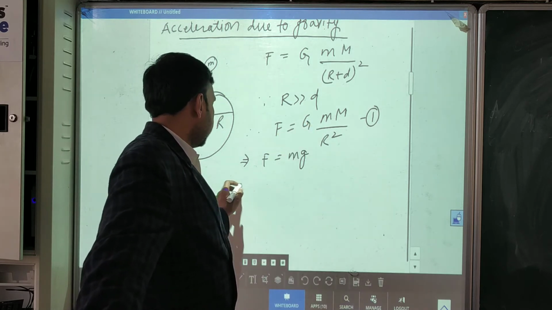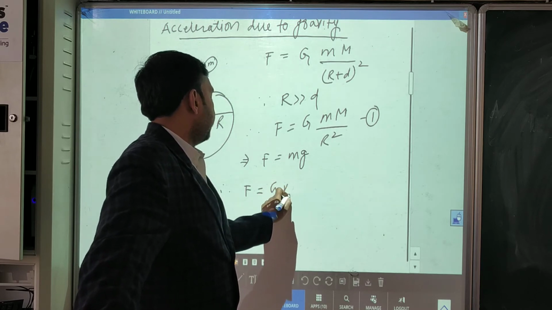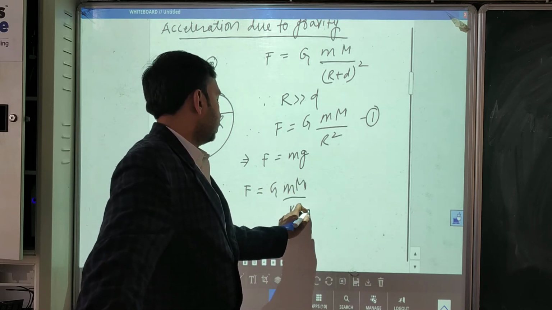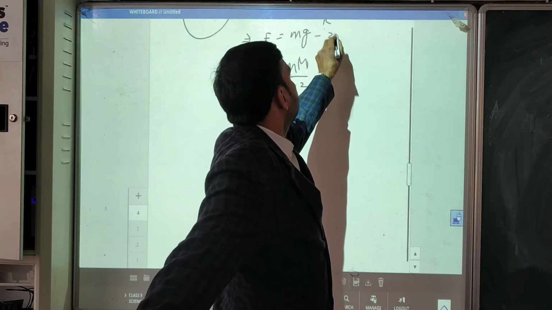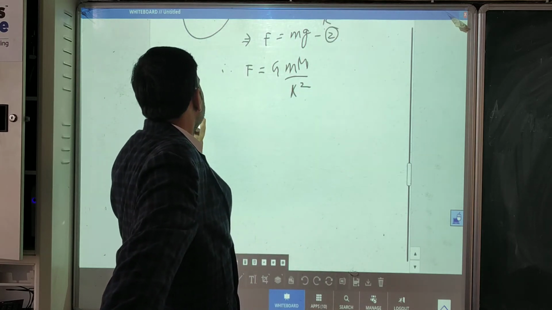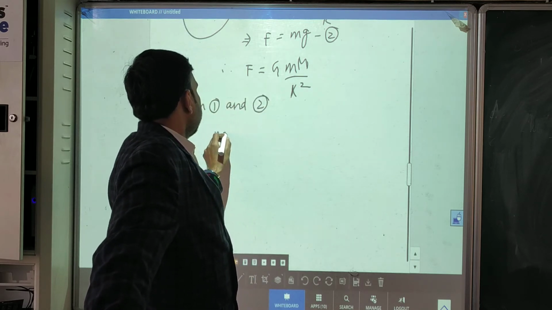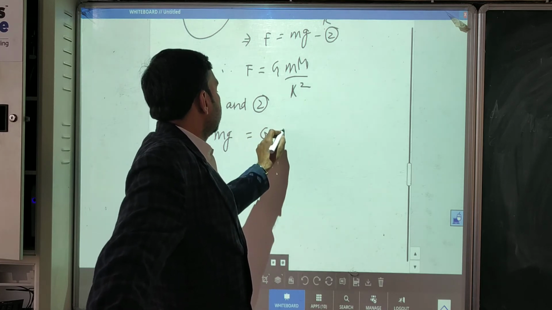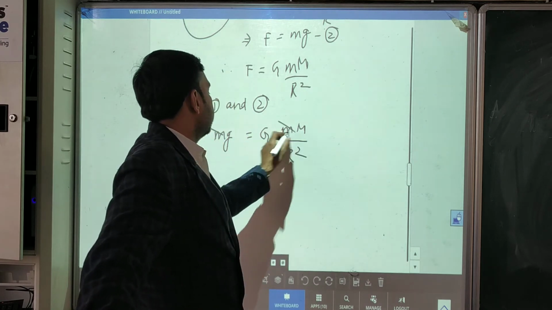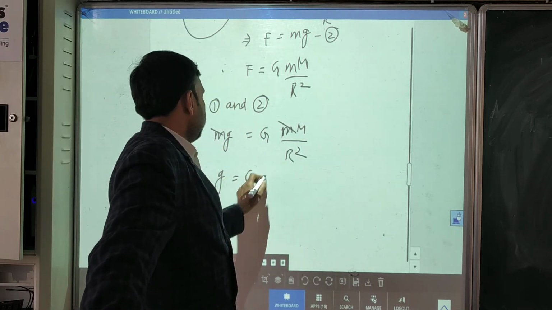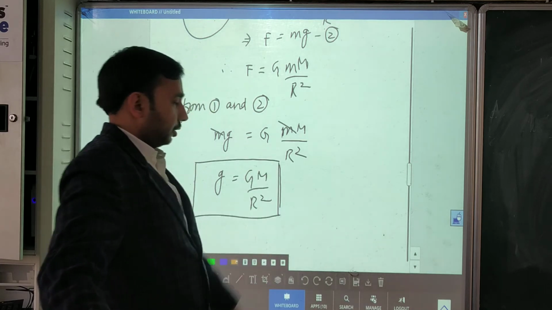This is equation number 2. So from 1 and 2 we have m times g equal to G M m upon r square. Now m gets cancelled out, and therefore g is equal to G M upon r square. This is the expression for the value of acceleration due to gravity.